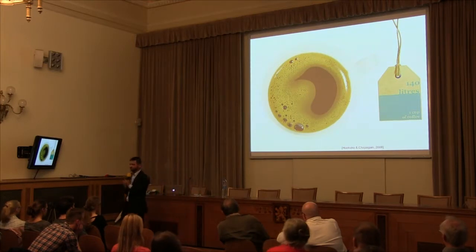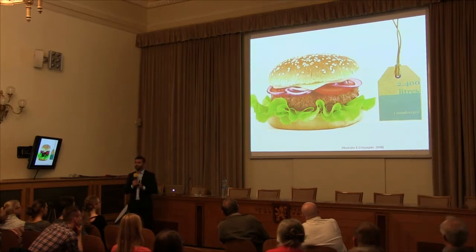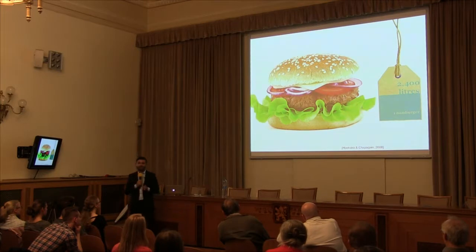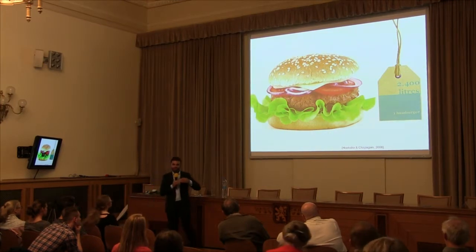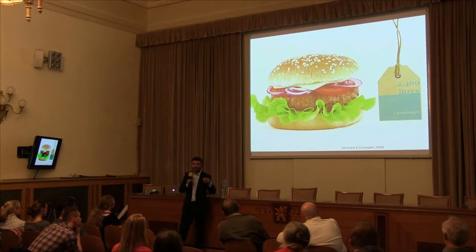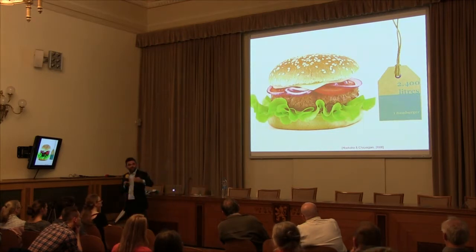This is the global average. On average, a hamburger needs 2,400 liters of water to produce. Where is this coming from? The meat. Meat is the biggest water consumer in the world because of the animal feed. What does the animal eat? Soybean. This is exactly the same as the LCA approach: you look at the whole life cycle of a product.